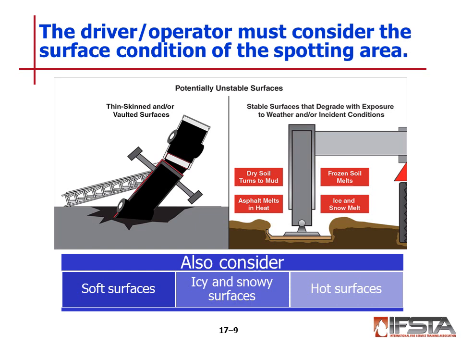Only as a last alternative should apparatus be parked on soft surfaces. If working on soft surfaces, operators must be aware of and watching for settling. Stabilizer pads supplied with the apparatus must be used whenever stabilizers are deployed. The driver operator must be alert for surfaces that are stable when the incident begins but may become unstable as the incident progresses.